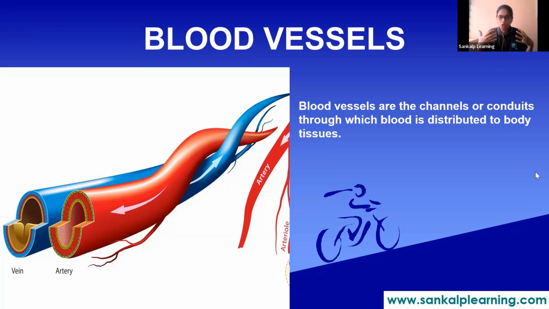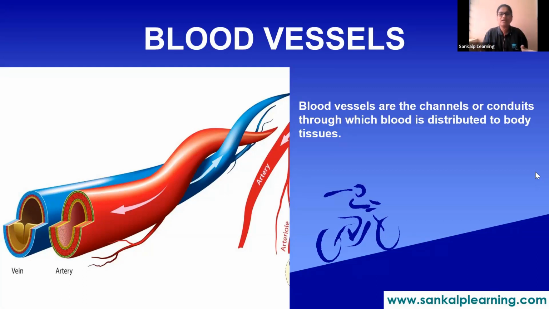In some of the lower organisms, the blood will be flowing in the free space in between the parts. That is called an open circulatory system, which you will learn at college level.